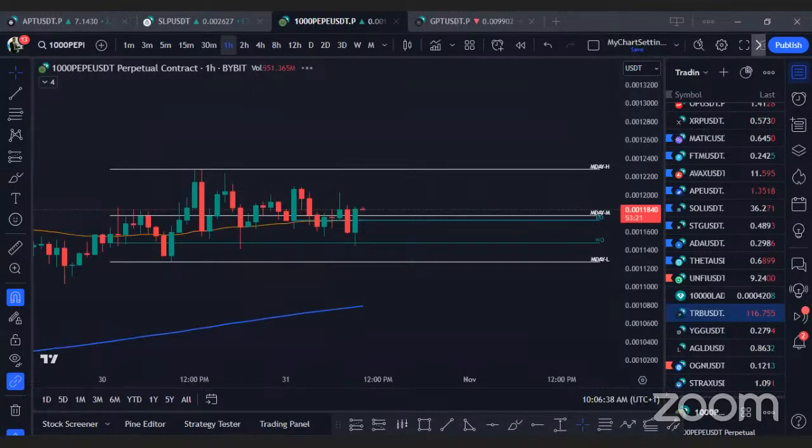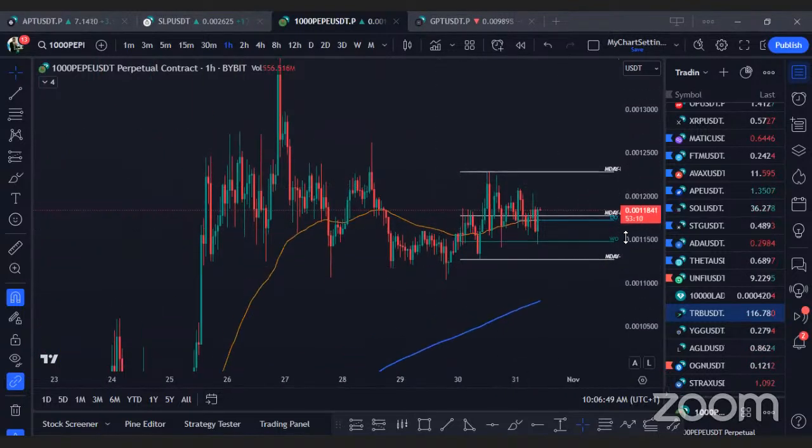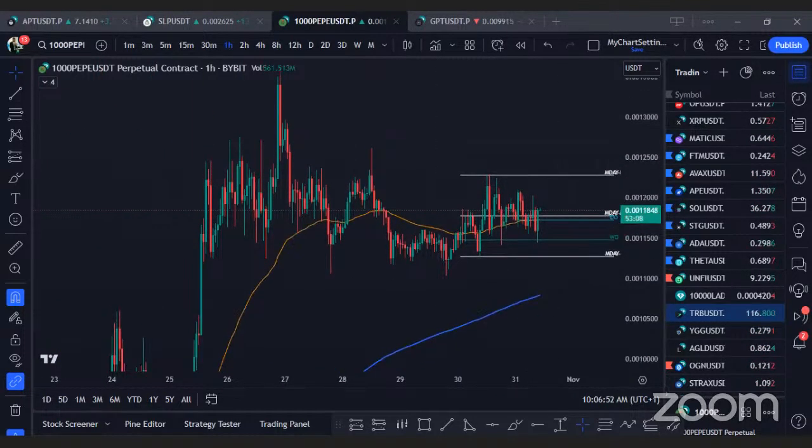Can we do a long setup on Pepe? Who wants to take the risk? Gentlemen, I don't know if you should or not. So if you want to take the risk, let's do it, guys.